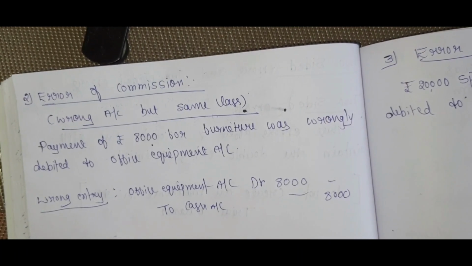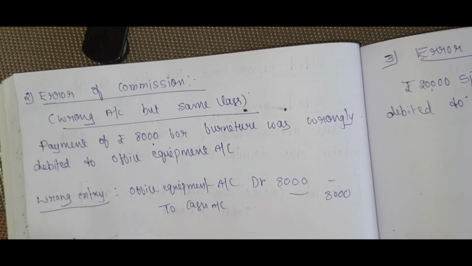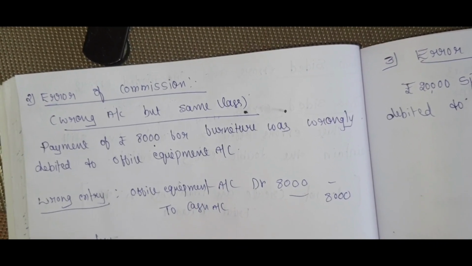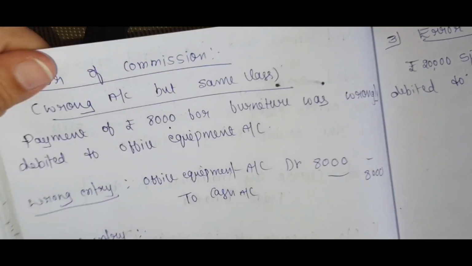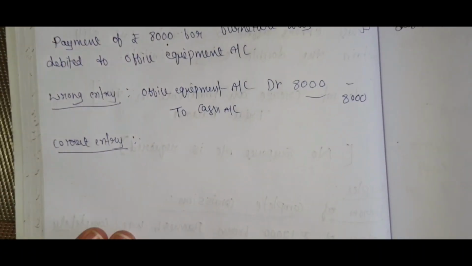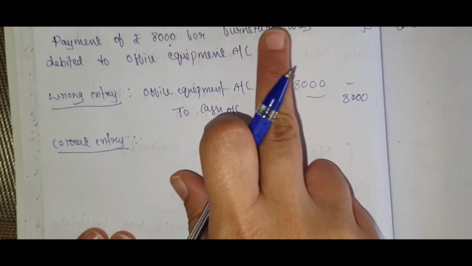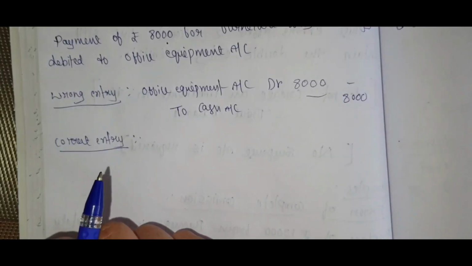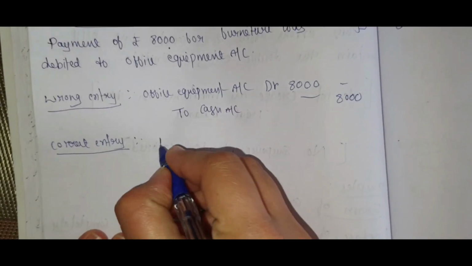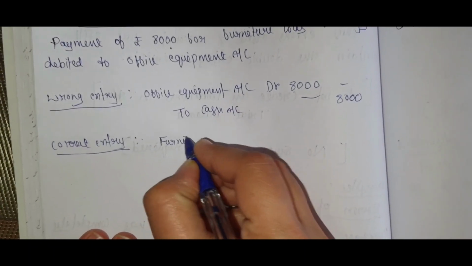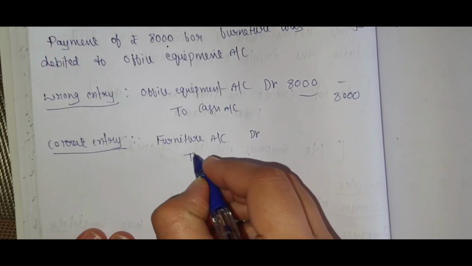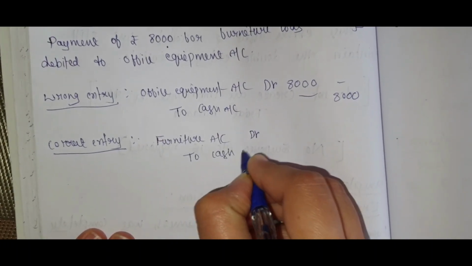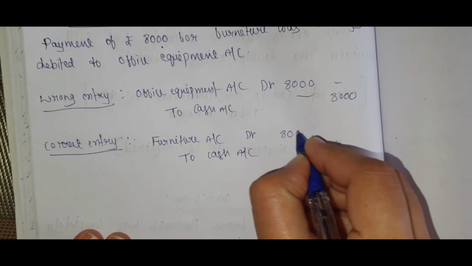Now we have to write down the correct entry. What is the correct entry here? Furniture account debit to cash account. This is the correct entry.